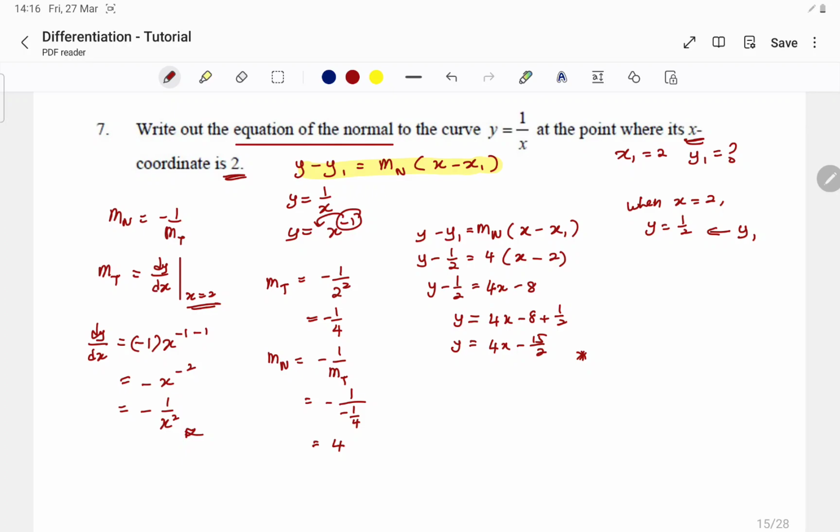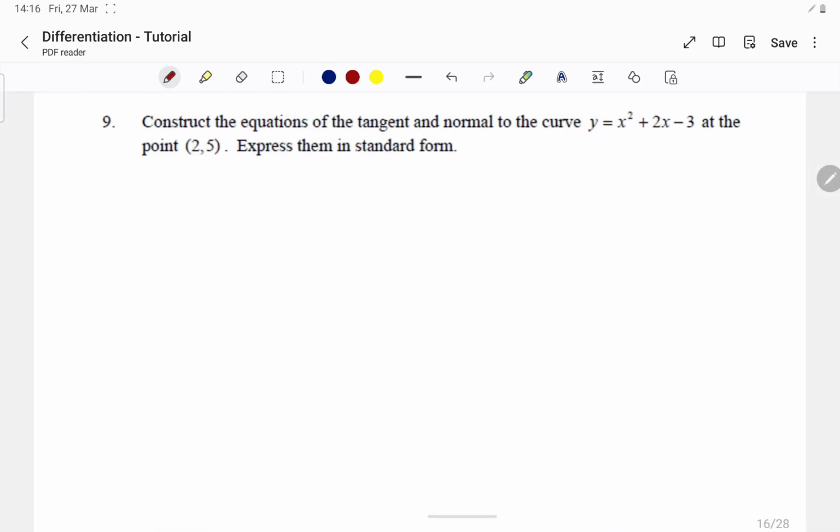Okay, now we proceed to the next question 9, where you have to construct the equation of tangent and normal to the curve y is equal to x squared plus 2x minus 3 at the point 2, 5. Express them in the standard form. So we have to write the equation in tangent and normal.